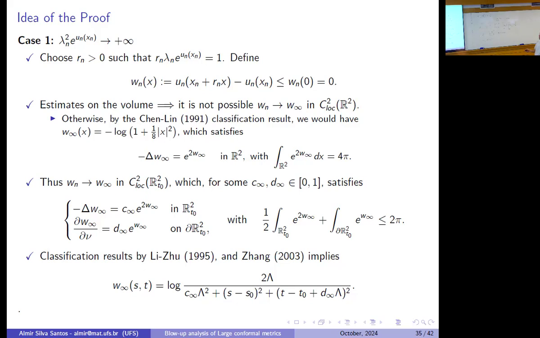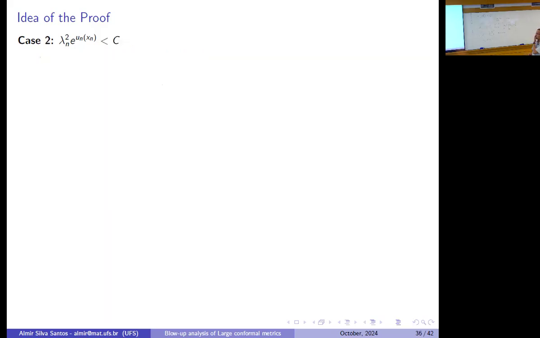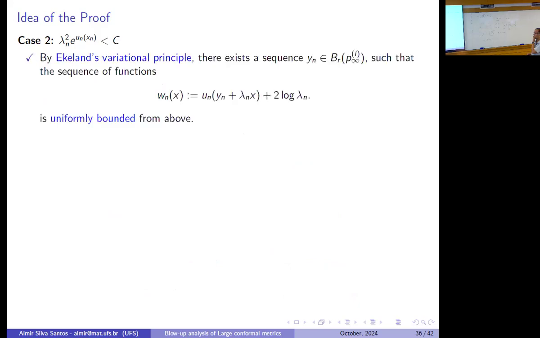When this quantity goes to infinity, what about if this quantity is bounded? If this quantity is uniformly bounded, then you use Ekeland's variational principle to find a point.